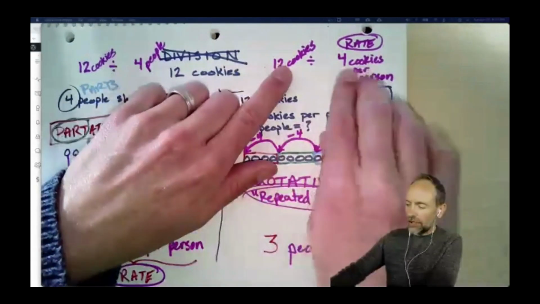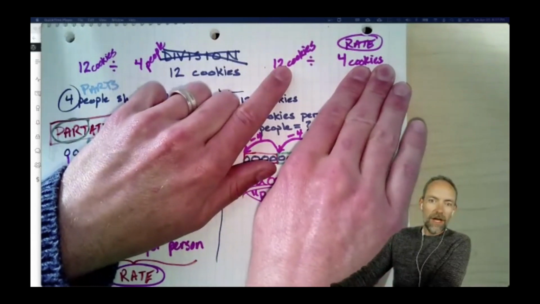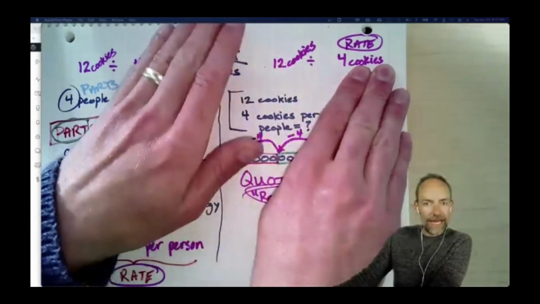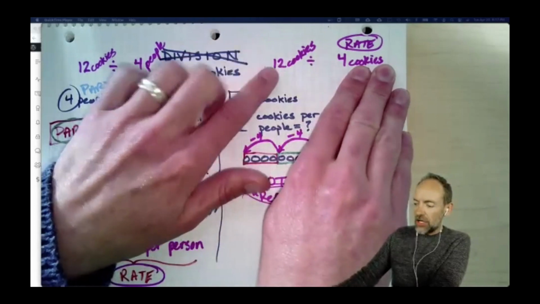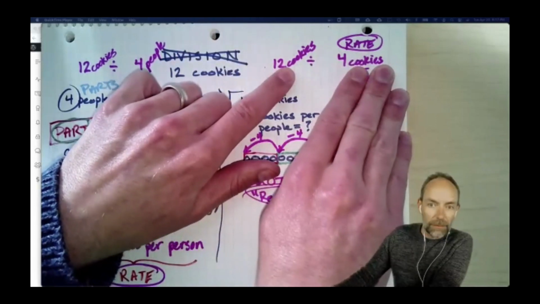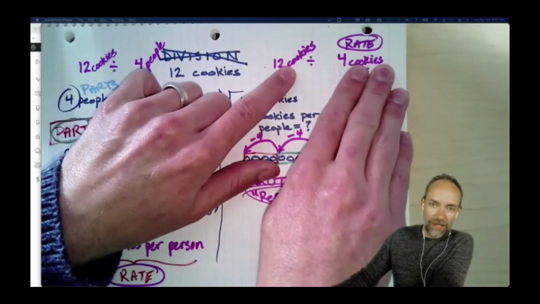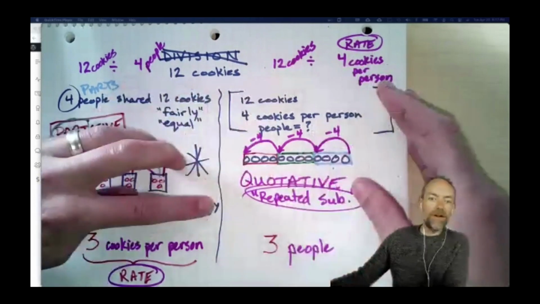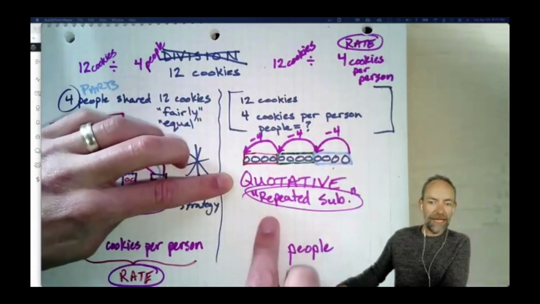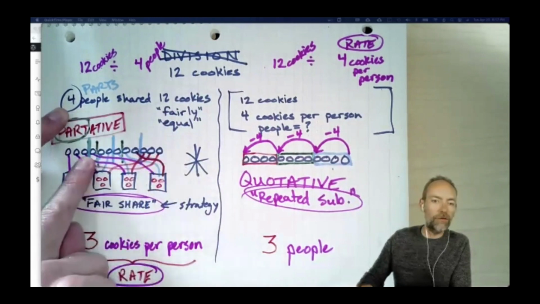Whereas over here, Sean, you said 4 cookies before, which is a way you can look at it with your students as well: when you're dividing and comparing 2 of the same unit, you're dealing in the quotative land, where you can actually repeatedly subtract. Here, I can't repeatedly subtract 4 people from 12 cookies.